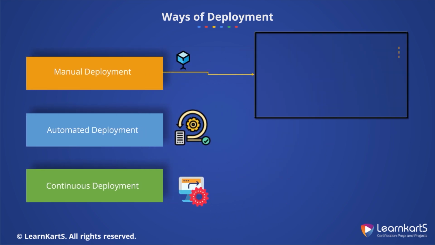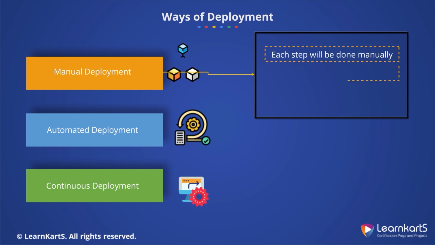As part of the manual process, you need to execute each and every step manually, so there is always a scope for failure or human error, because sometimes you may forget some steps or make mistakes.